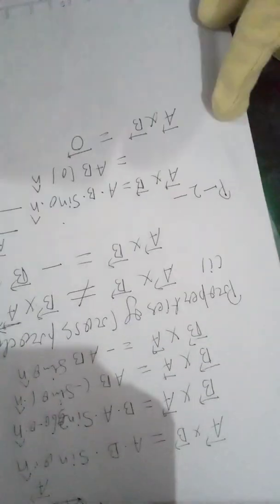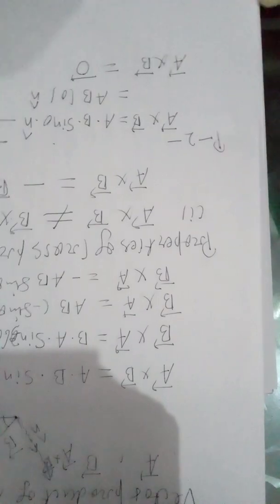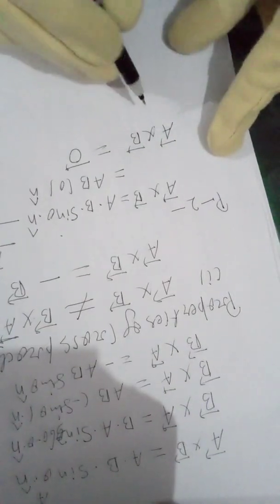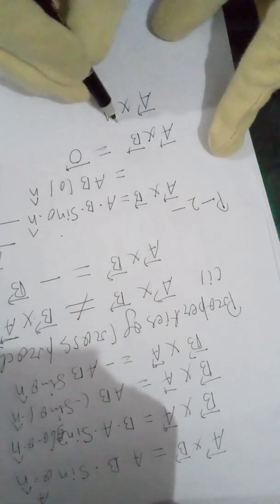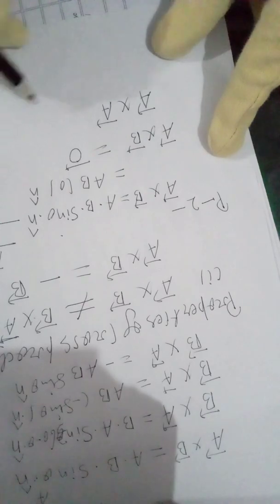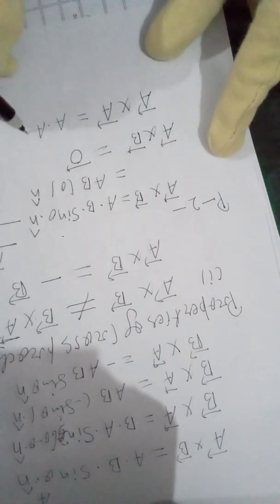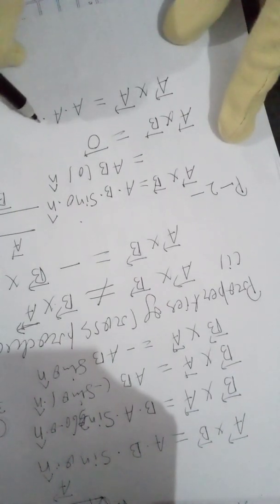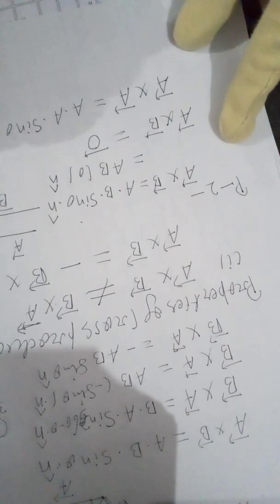Now the cross product of a vector with itself. What is the value of the cross product of a vector with itself? Each vector is parallel to itself. So A cross A will be magnitude of vector A into magnitude of vector A into sine of the angle between A and A, which is sine 0, into unit vector n.